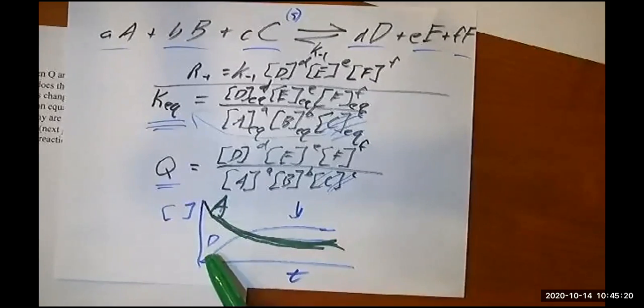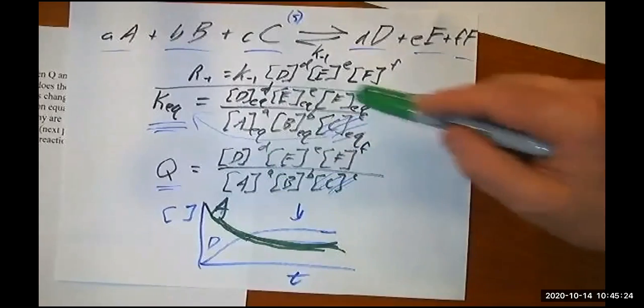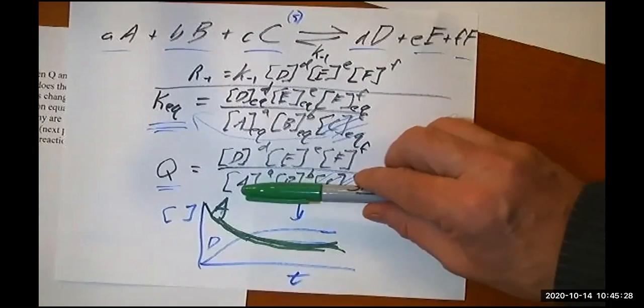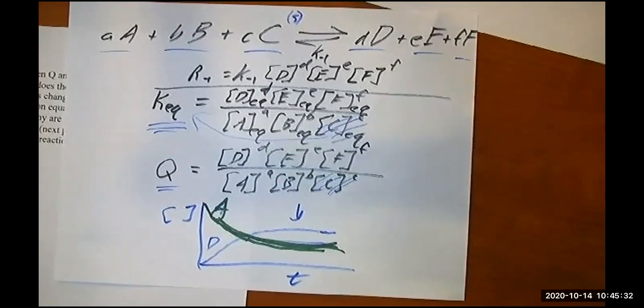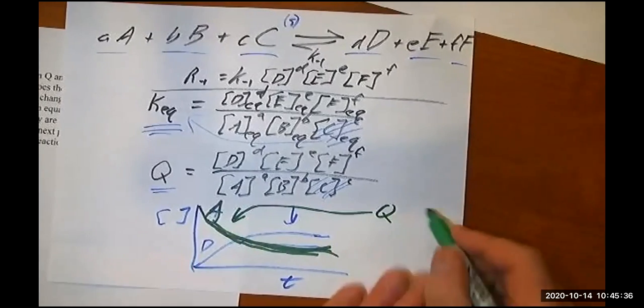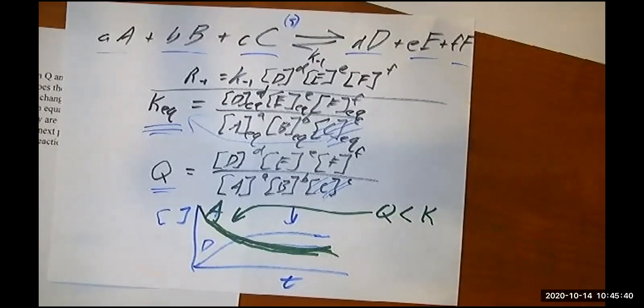And we have less D than we would have at equilibrium. So if we look at the expressions, the Q we have is going to have a larger denominator and a smaller numerator, meaning that here, Q is less than K. Does that make some sense?